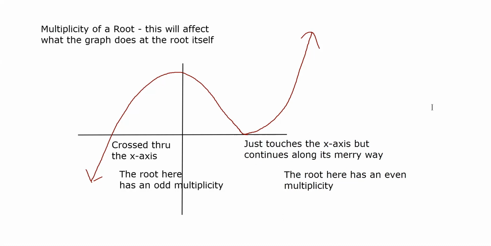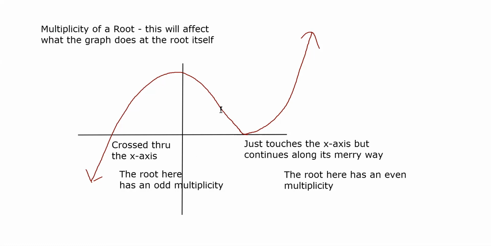Now, again, the reason it does it is a little bit difficult to explain verbally. But basically, when you have an odd multiplicity, as you come from the left, negative numbers get applied to an odd multiplicity, and they stay negative. Positive numbers stay positive. So negative switches over to positive as the x values do the same.